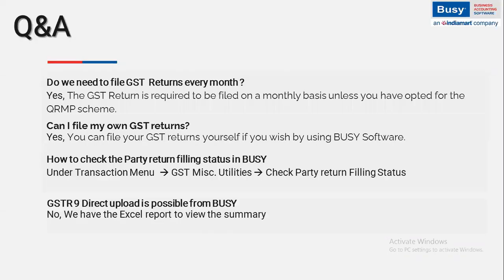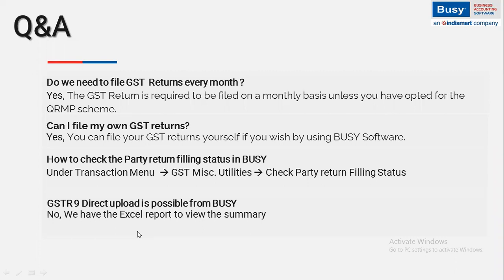Okay. Is GSTR9 direct upload possible from Busy? No, GSTR9 direct upload is not possible from Busy. Why? Because GSTR9 is very important to all of us, and if any mistakes are uploaded, you are unable to correct them. So that's why we cannot provide the GSTR9 direct upload provision with Busy. That will be done by your auditors or tax practitioner only.